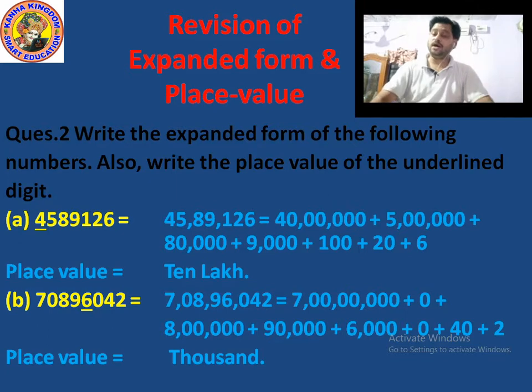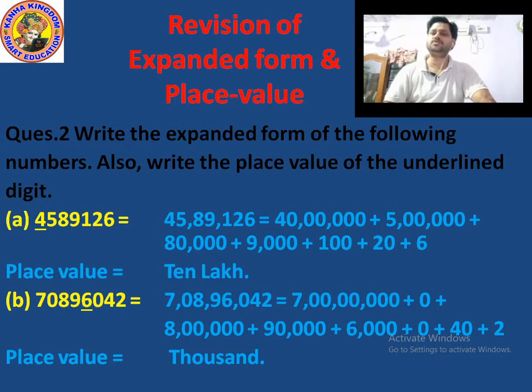Okay, now after completing the expanded form, you have to find out the place value of the underlined digit. So which digit is underlined? Here 6 is underlined. And where is 6? 6 is just after the first comma.